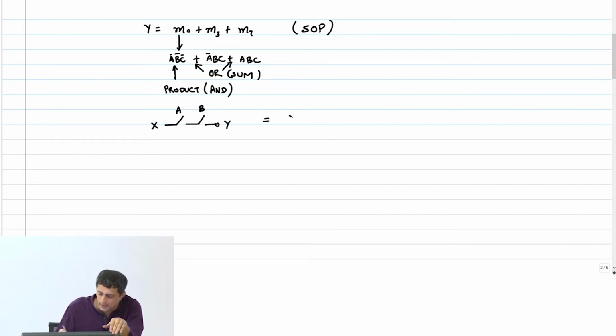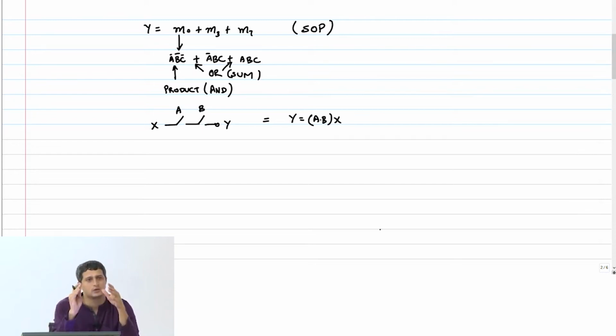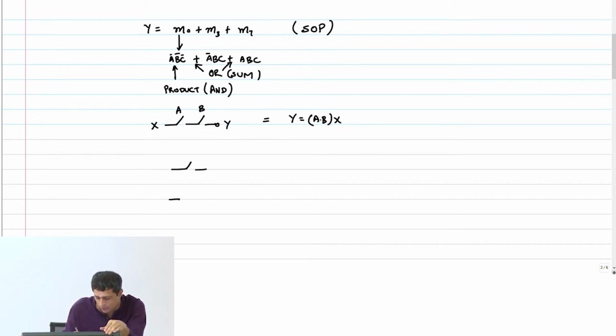So this can be written as Y equals A and B into X. So there is a Boolean operation on A and B, and then it is passing the logic value X to the output Y, right? So similarly, if I have two arbitrary switches which are in parallel, right, and I have input X1 and X2, then my output Y would now be A times X1 plus B times X2, right?